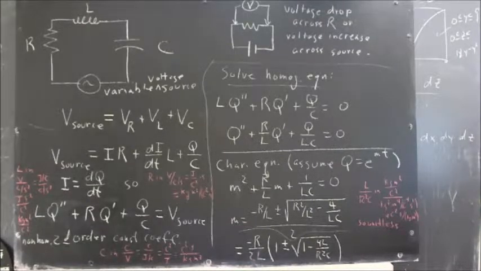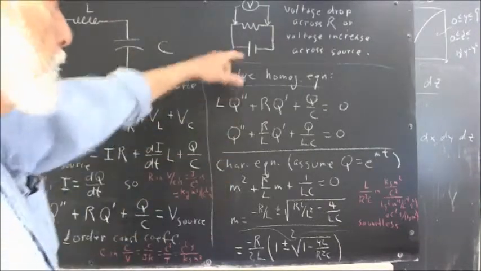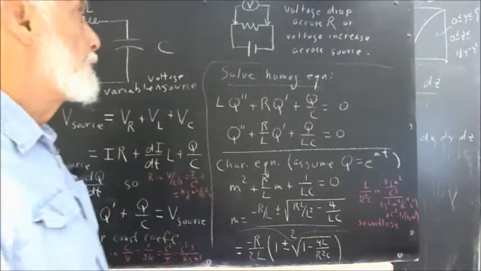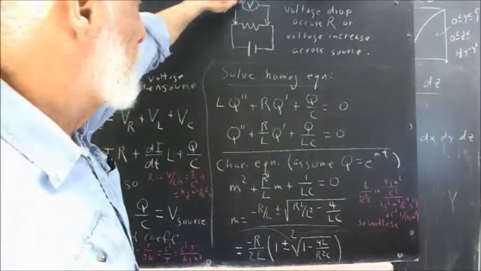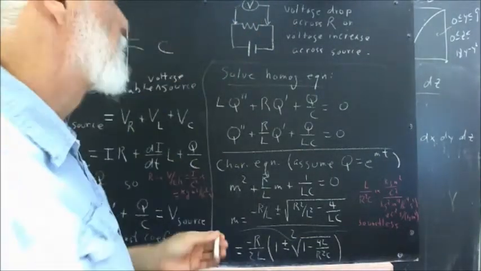Okay. Now, just one quick thing about the signs of these voltage changes and so forth. Let's just consider a situation that you will have already seen in lab. You have a voltage across a resistor. So you're measuring voltage across the resistor.